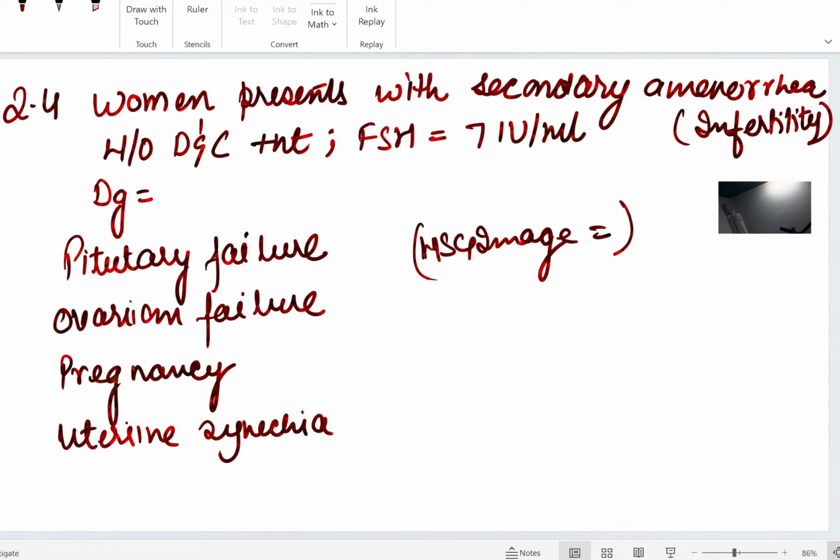Here there is secondary amenorrhea. History of DNC is present and FSH is 7. That is normal. What is the diagnosis?